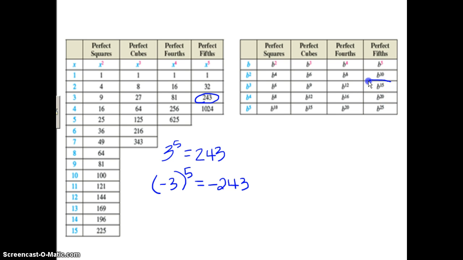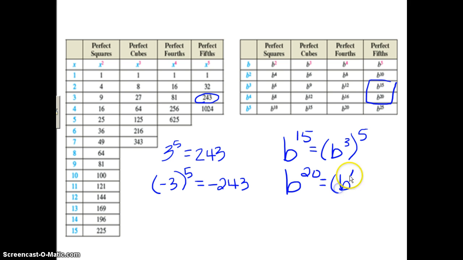And perfect, they are also perfect 5th powers. A to the 15th would be a cubed to the 5th power, and b to the 20th would be b to the 4th raised to the 5th power. Remember that rule, powers to powers, you multiply. So 3 times 5 and 4 times 5 would give us the 15 and the 20.